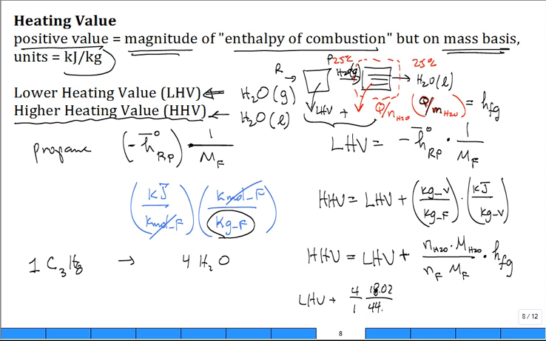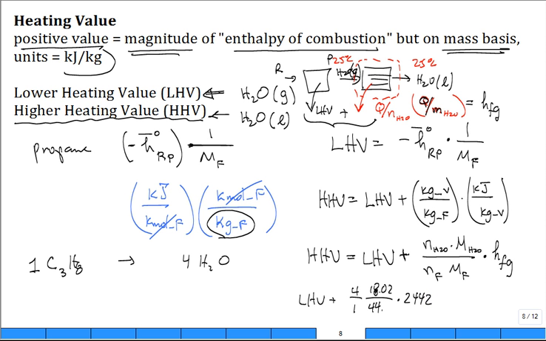And then you multiply by the heat of vaporization at 25C for water, which is, would you say, 2442 kilojoules per kilogram? And that works.